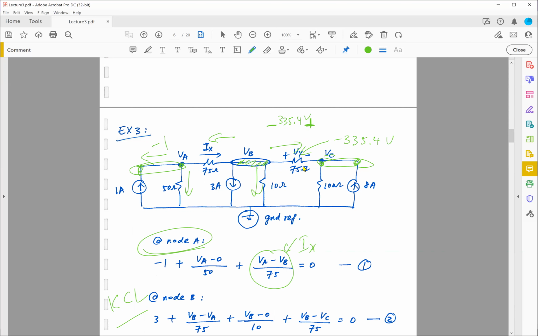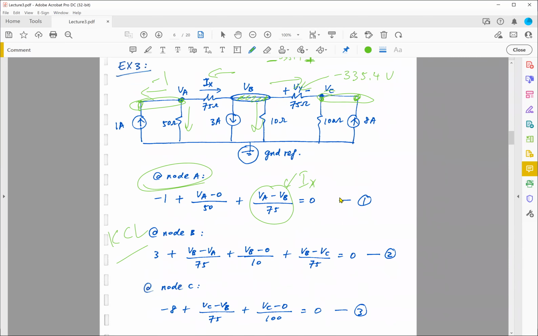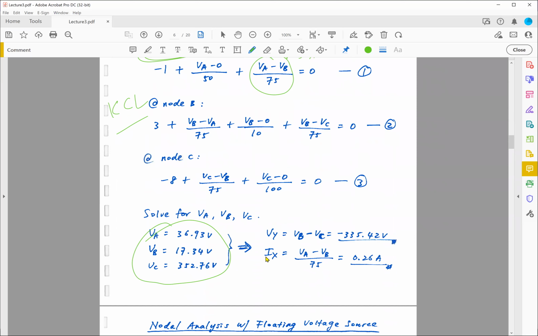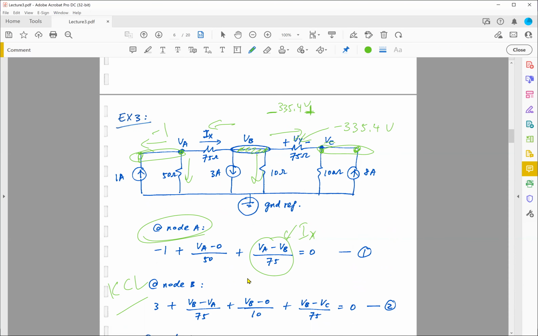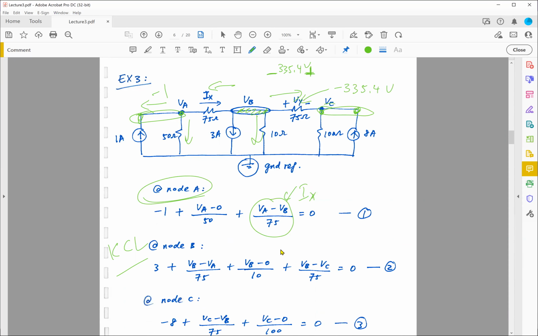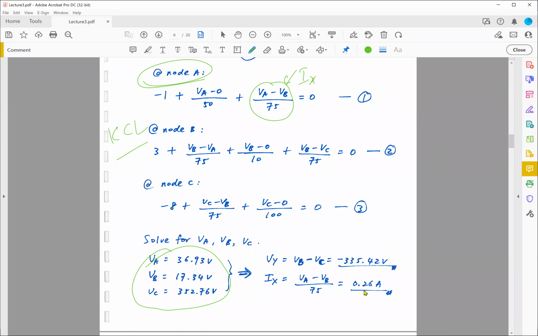Plus becomes minus, minus becomes plus. Okay, and these two are equivalent. For Ix, it simply is equal to VA minus VB over 75. So that's over here, 0.26 mA.